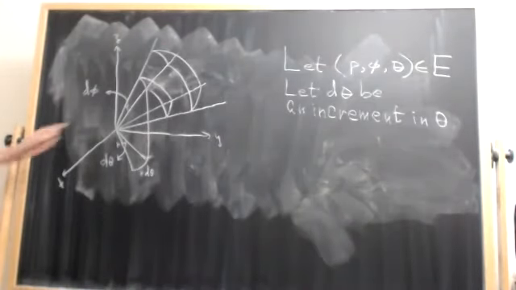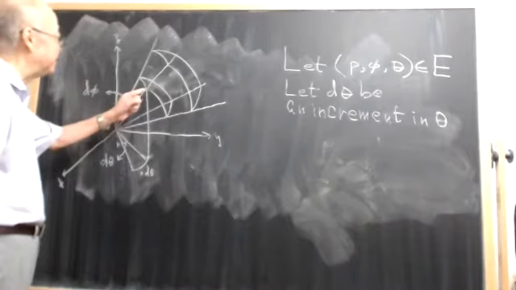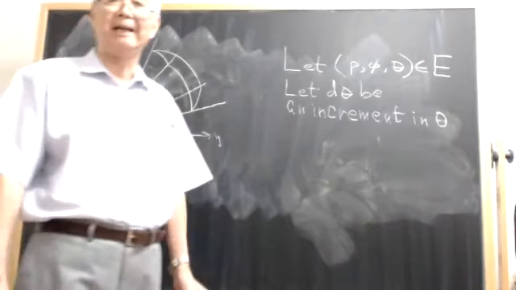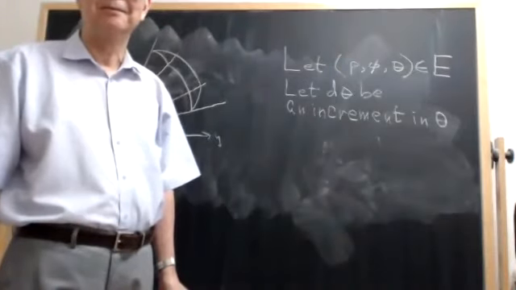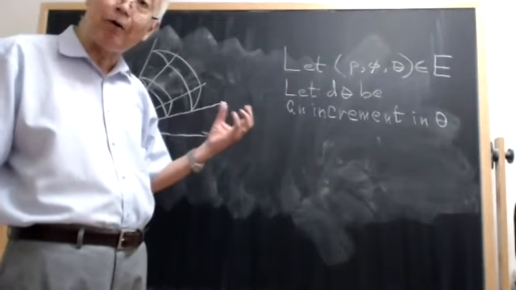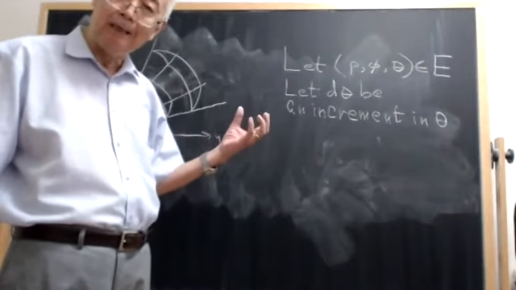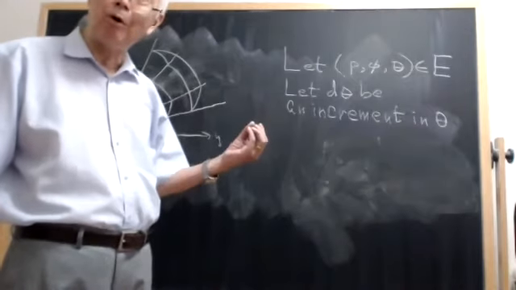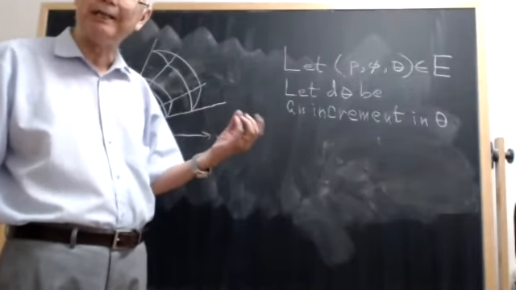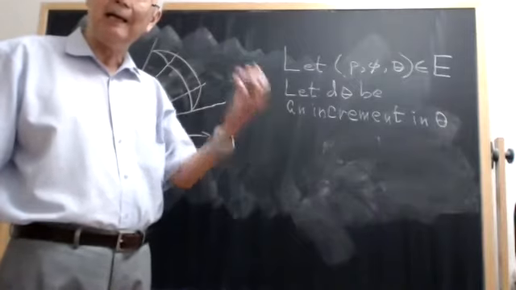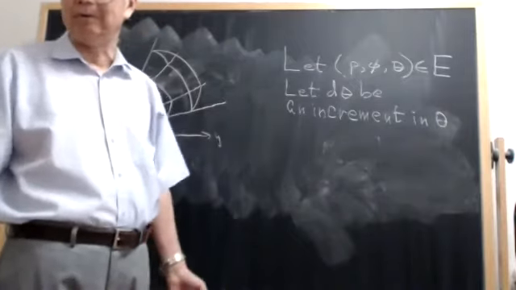Now, so this point is blown up to a rectangle. Doesn't look like a rectangular rectangle, but in fact, it's very small, so it can be considered to be a regular rectangle.